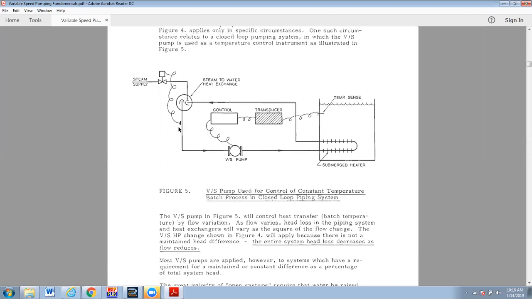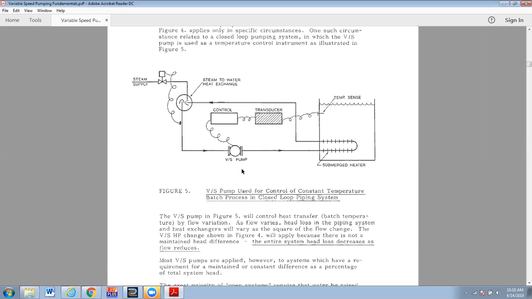So the assumption here, we've got a temperature sensor here controlling the steam valve, so that this temperature is probably constant. It could be reset, but for simplicity here, I would say it would be a constant temperature of the supply water. And so if we need more heat in the tank, the pump simply moves more water. If we're at temperature, then the pump will slow down.